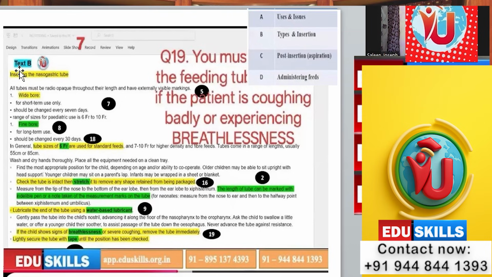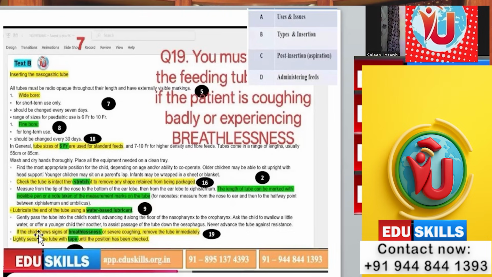So we have to go here. There is issues right here. No, issues is from text A. So here they're asking us about the types and insertion. While inserting, what will happen? The patient might have breathlessness. So we have to be careful. So we have to go to text B again.